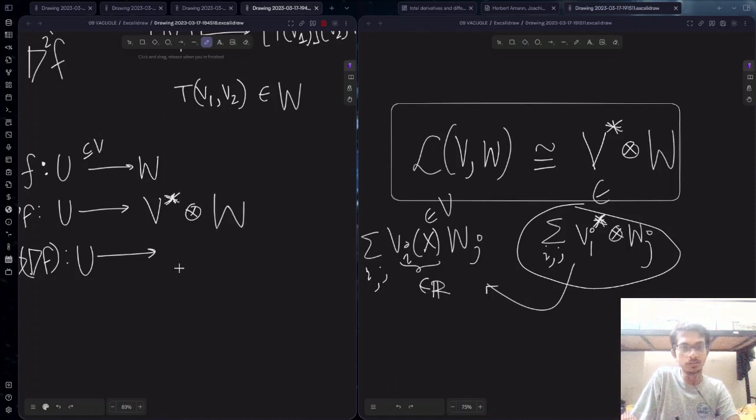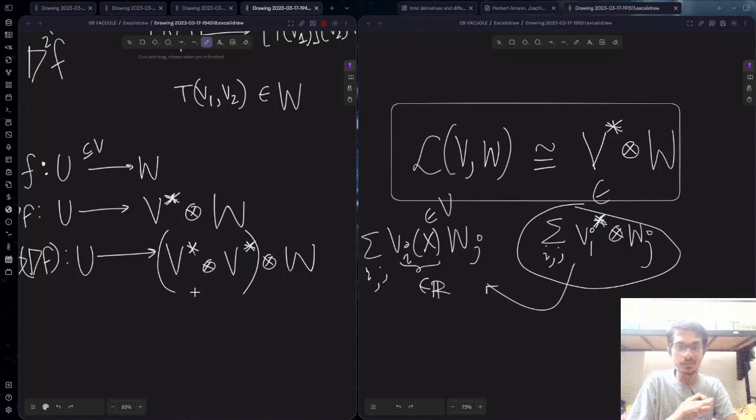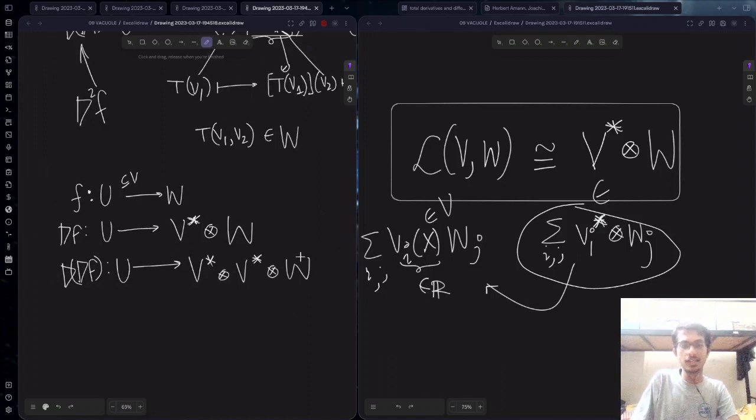They have the same function, and this would just be a bilinear function, which would look something like this. What we would have done is attach the V star with this one, but because the tensor product operation is also associative, because there is a canonical isomorphism between them, we can just remove the brackets and write it as this.